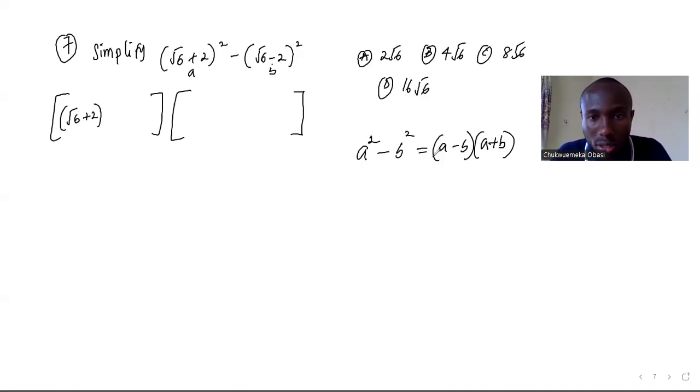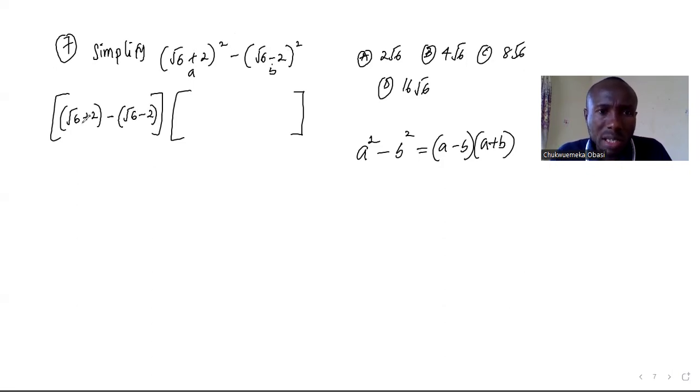That's my A. This is A minus B. So this is my A, this is my B. So minus this B here. So I have minus. This is the minus right here. Okay. Then minus B now. This is my B. So I have minus into root 6 minus 2.